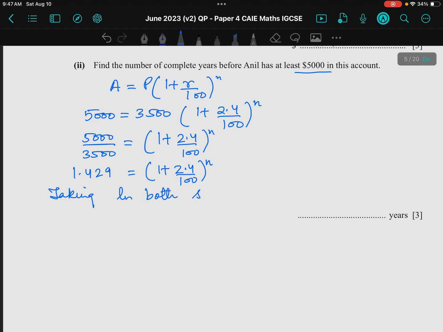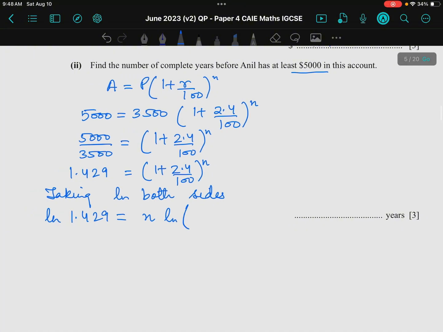on both sides. Use the ln function in your scientific calculator. So you will get ln 1.429. Whenever we take log, the power will come forward. So it will be n ln of 1 plus 2.4 upon 100.